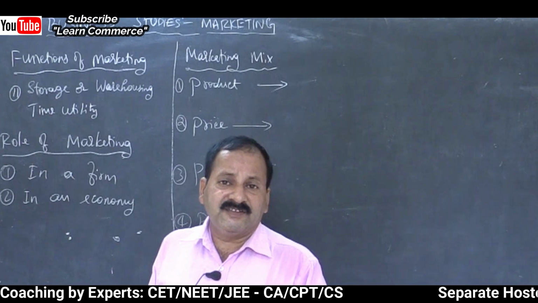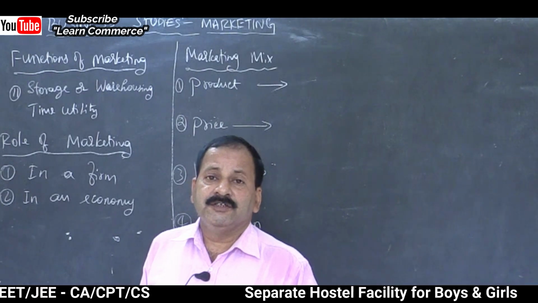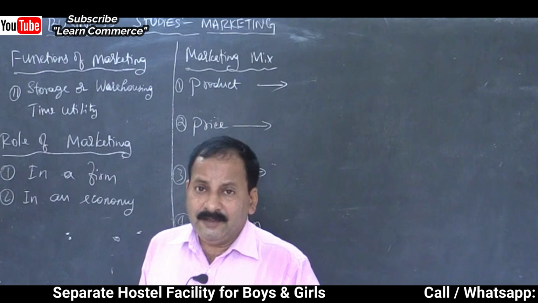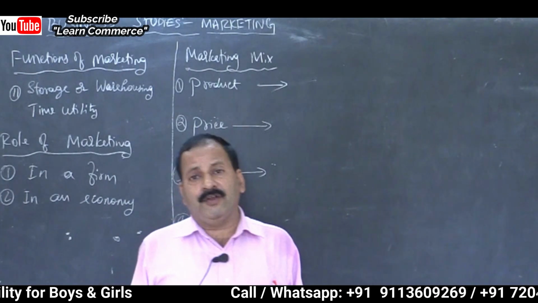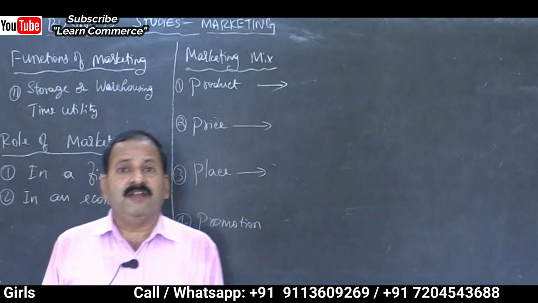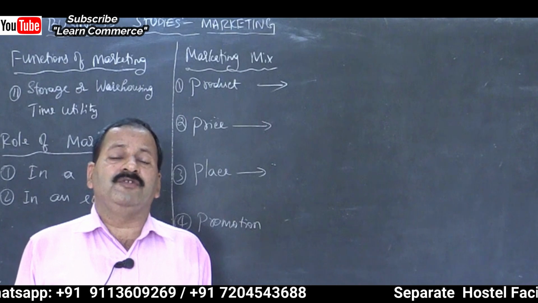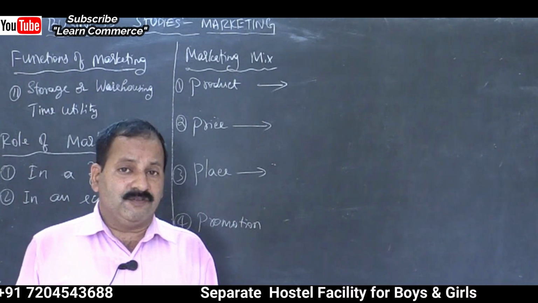During the harvesting season, we have to store the paddy or the rice. We have to convert the paddy into rice, isn't it? We have to process it. Then rice should be stored for a longer period of time because we have to consume it throughout the year. Rice is demanded by people throughout the year. For that, it should be stored in proper godowns or warehouses, isn't it?